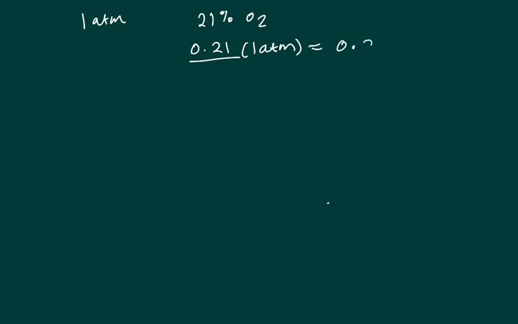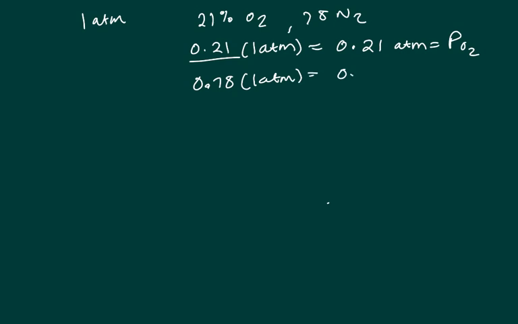So we are used to about 0.21 atm partial pressure of oxygen. And since our air is also 78% nitrogen, let's do 0.78 times 1 atm. That's approximately 0.78 atm, and that is our partial pressure of nitrogen. Our bodies got used to this.